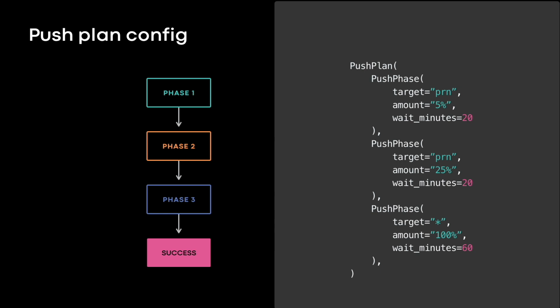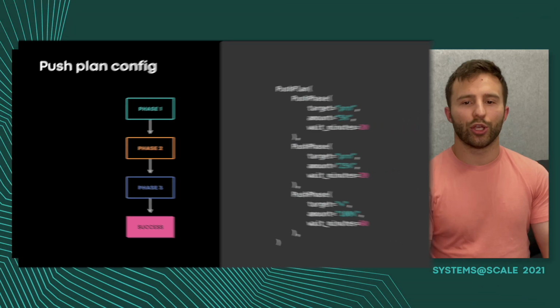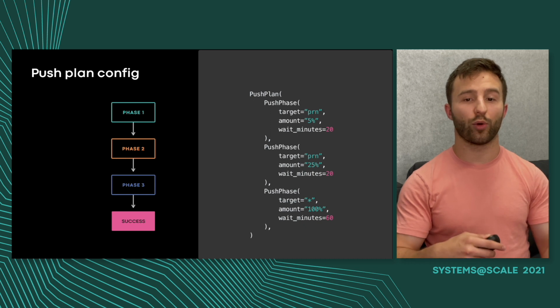In the first phase, we update 5% of hosts in the Prineville data center region. In the second phase, we update 25% of hosts in the Prineville data center region. And in the last phase, we update all hosts in all regions. And the amount of time that we should wait after each phase is 20 minutes, and then an hour. So this makes incremental deployments extremely flexible and easy to set up.